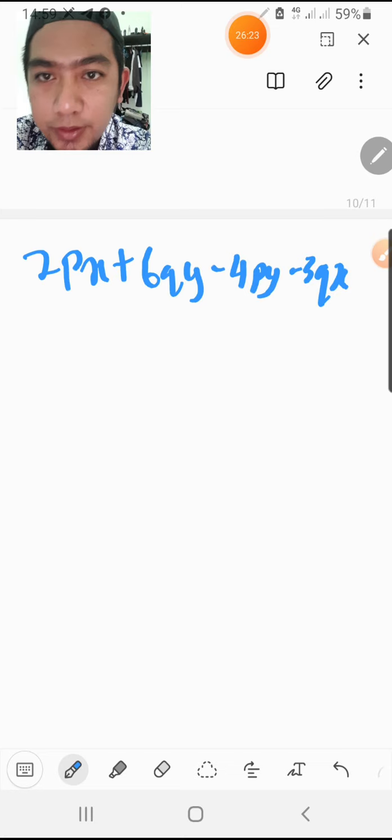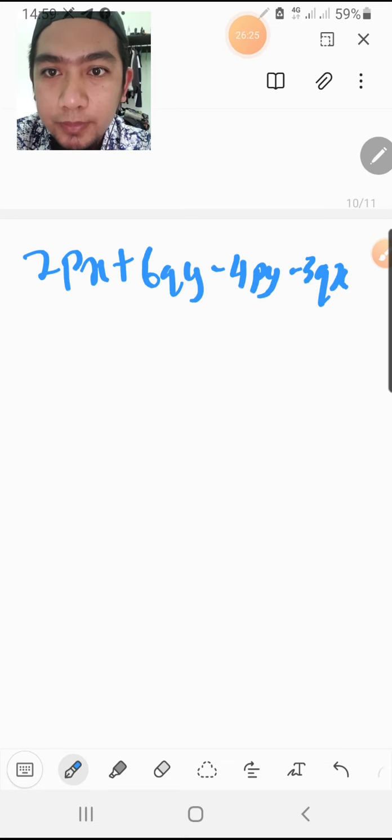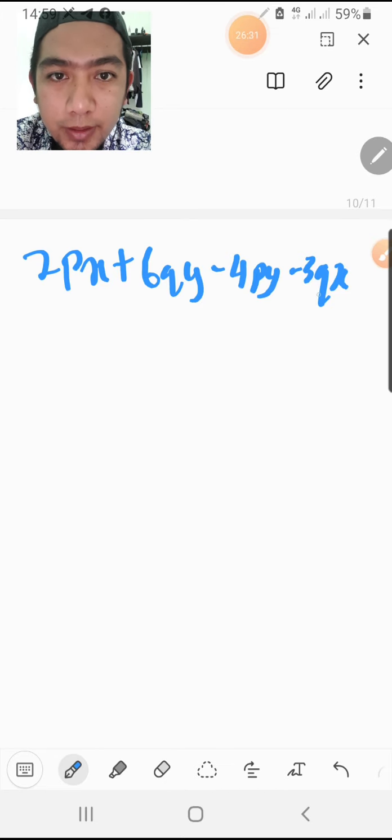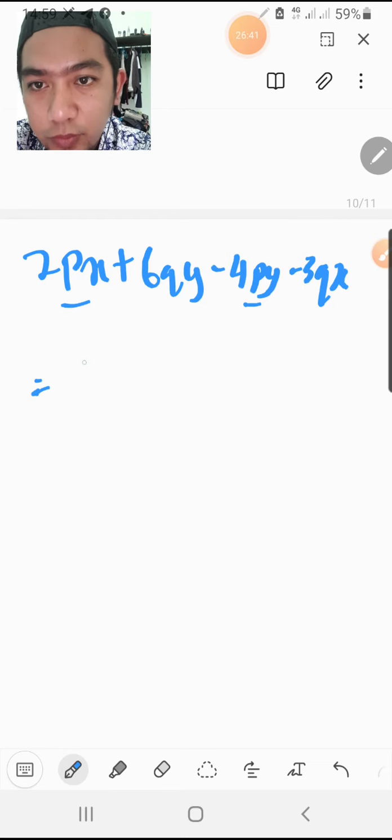Okay, alright. This is the last example. 2px plus 6qy minus 4py minus 3qx. So first you have to rewrite it, rearrange it. 2px, this one is negative 4py.